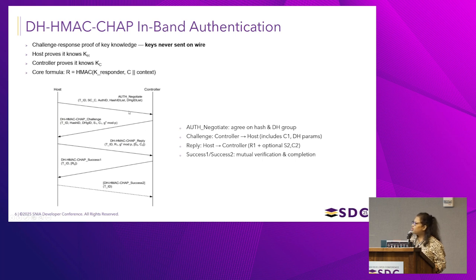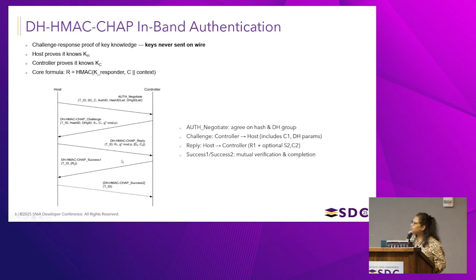Now, if we have provisioned this entire communication to be of bidirectional nature, then when the controller is sending a success message, it will also send an R2. This R2 is in response to the C2, the challenge which the host will send if bidirectional authentication is provisioned.